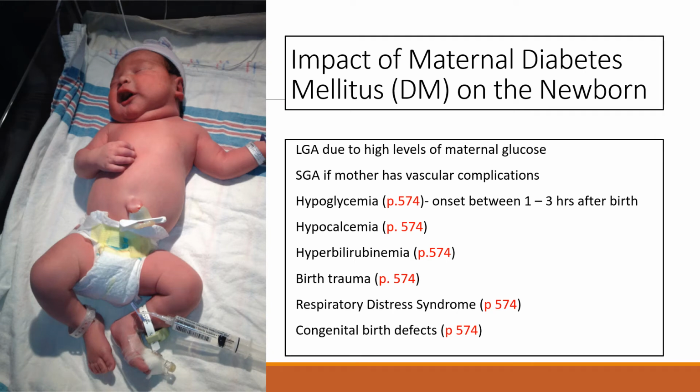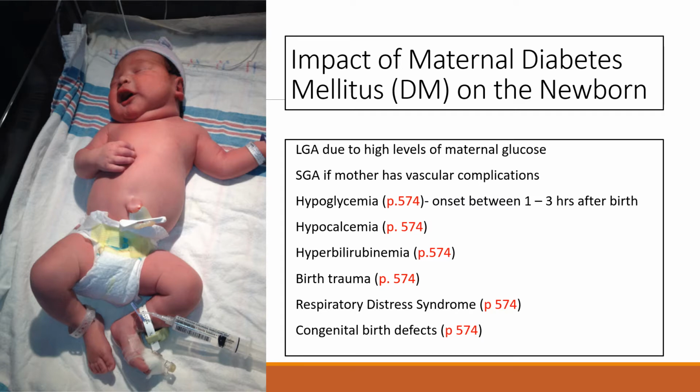So the impact would include large for gestational age due to the high levels of maternal glucose. Some babies may also be born small for gestational age if the mother has vascular complications. These vascular complications would involve the transfer of blood flow between the placenta through the umbilical cord to the newborn.